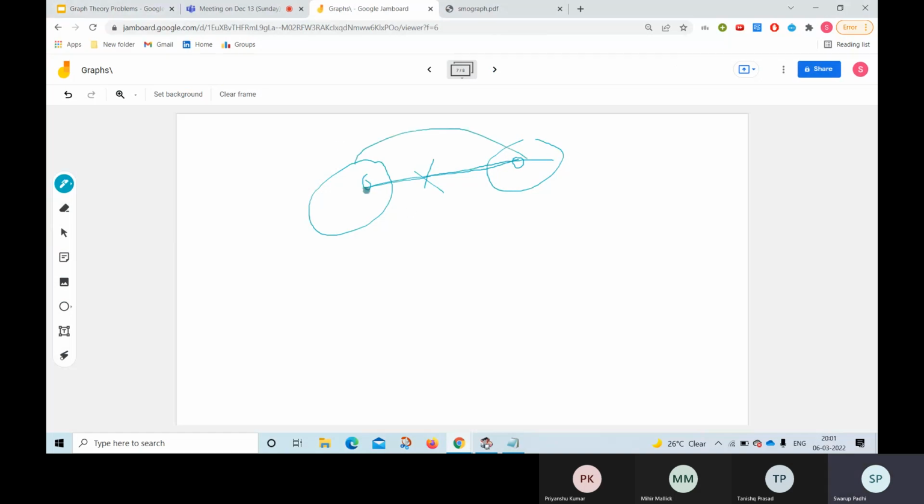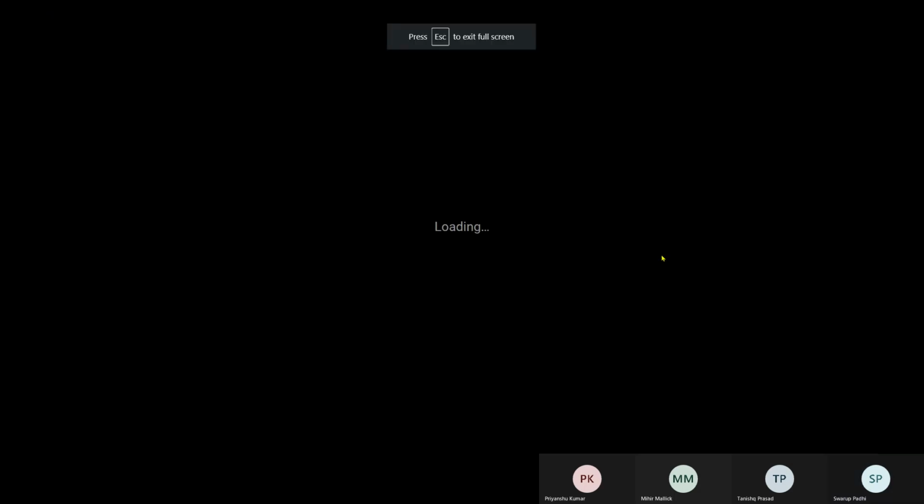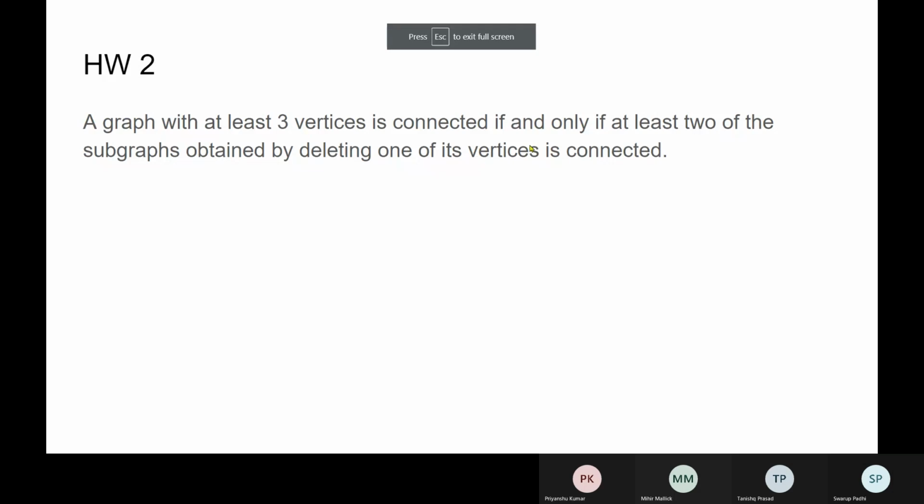It's not that if I delete this edge, then this becomes disconnected. At least two of the subgraphs obtained by deleting one of its vertices are connected.